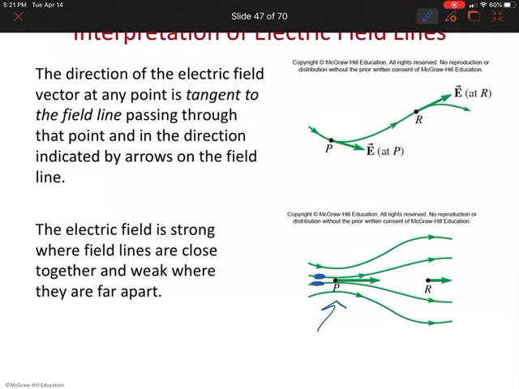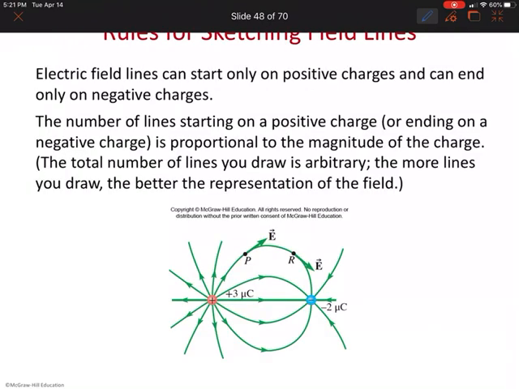Just think of two magnets that were attracted to each other. That's going to be a pretty strong field. Whereas if these are the magnets, then that's going to make it a lot weaker.